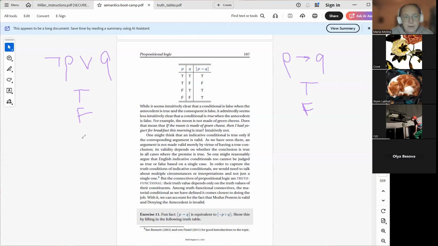True, right? True, as here. If they're both false, what do we get? Also true. Can you see that? Right. This is just a fun fact.